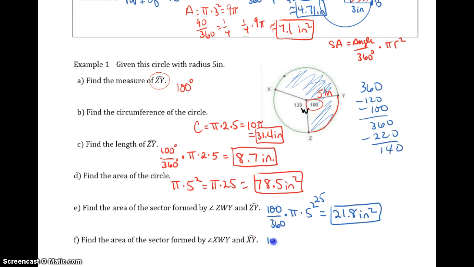So we take 140 out of 360, since this is 140 degrees, times pi times r squared. So 140 divided by 360 times 3.14 times 25 again, that's about 30.5 inches squared.